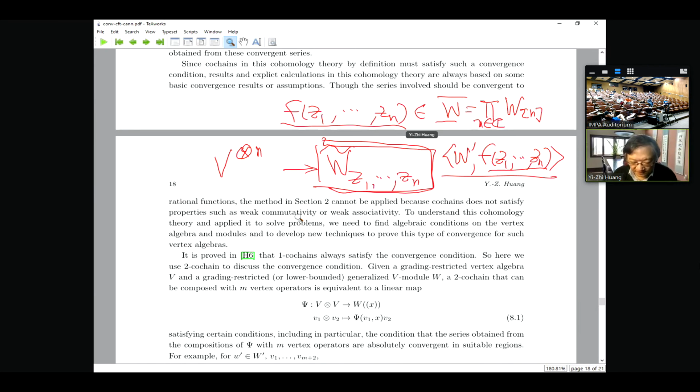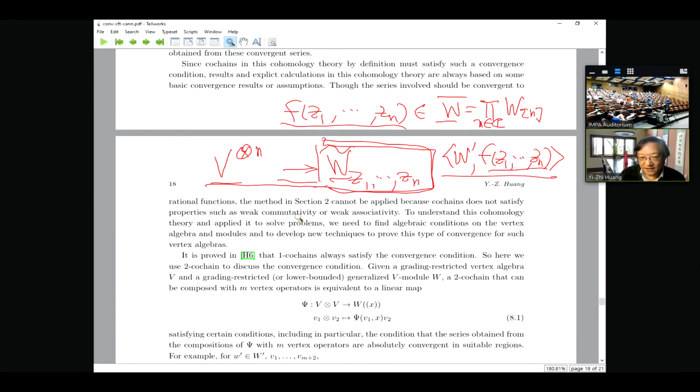This is actually the necessary thing to do to introduce this cohomology theory. These are the maps, and the cochains are such maps satisfying additional conditions. Among these additional conditions is that, because on the module W and on V we all have vertex operators, we have to be able to multiply or compose the vertex operator with this map.